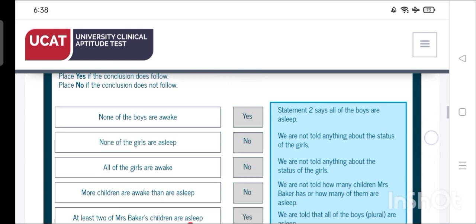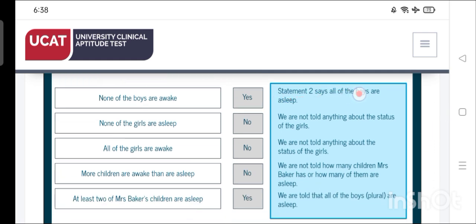So here we have the answer. Statement 2 says all of the boys are asleep, that's why it's a yes. Then we are not told anything about the status of the girls, so it's a no. Same thing as I have already told you.